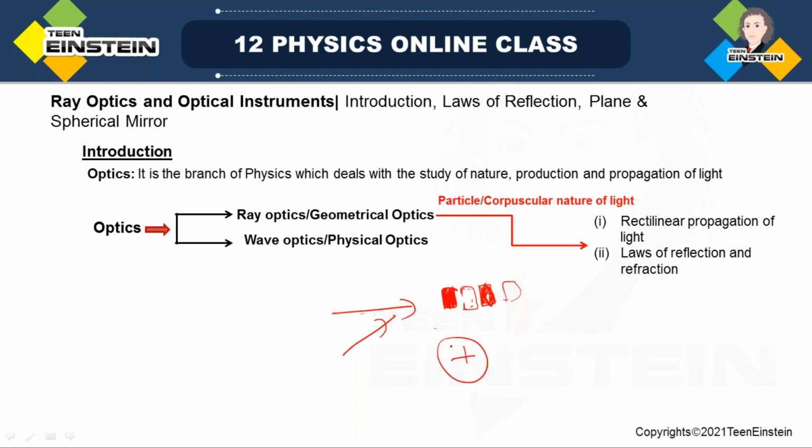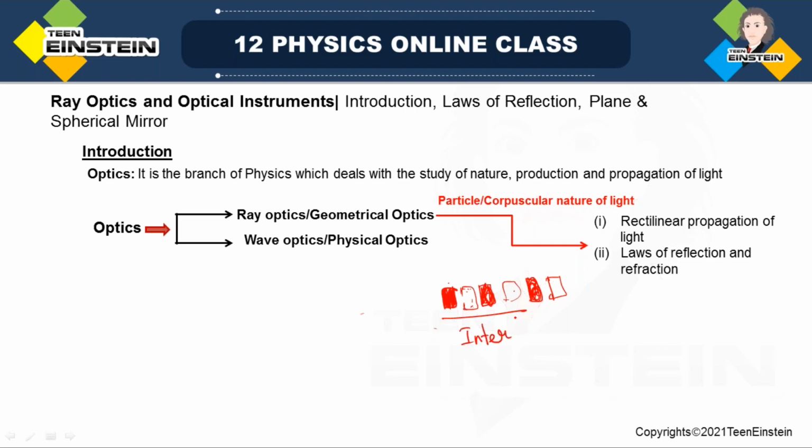If you take two lights and add them up, how can you get bright and dark? Somewhere there is light, somewhere there is no light. How is it possible? So this phenomenon is called interference of light. If you add two lights, you get somewhere no light, somewhere a lot of light or brightness.